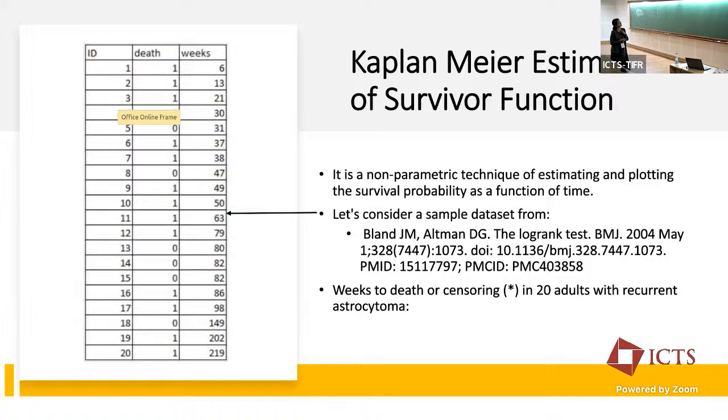For participant 1, it took 6 weeks to die, and similarly for participant 2, it took 13 weeks to get that event. But for participant 5, you have data till 31 weeks, and you know that this participant did not die. But after that, you don't know what happened.